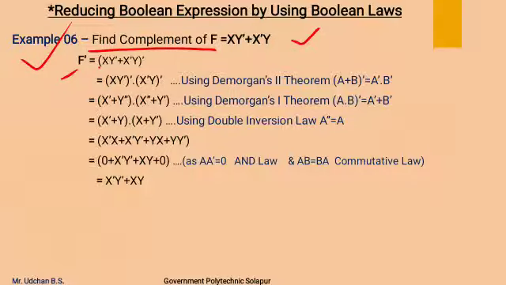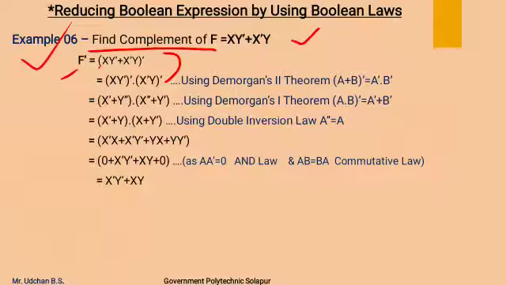Now as we know, as per De Morgan's theorem, complement of a plus b is equivalent to a complement into b complement. So this equation can be written as complement of xy bar into complement of x bar y.